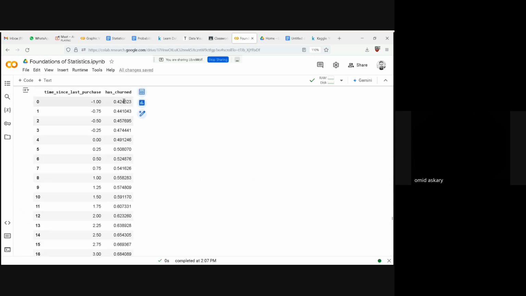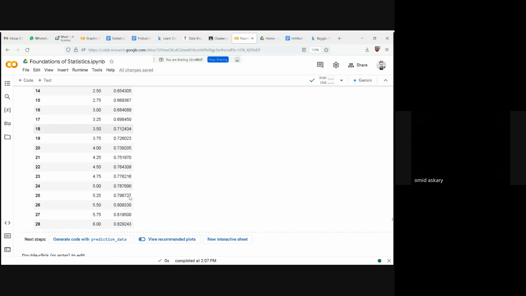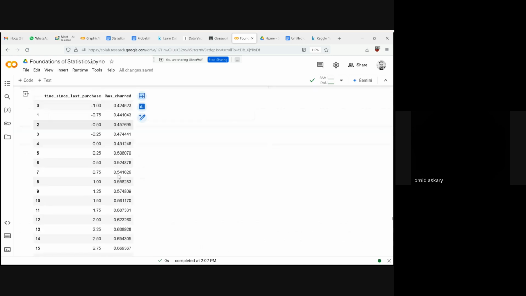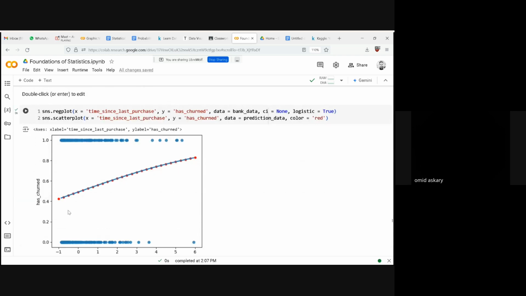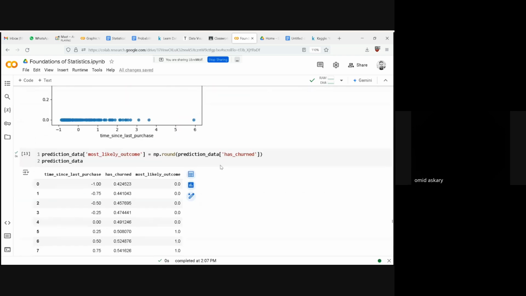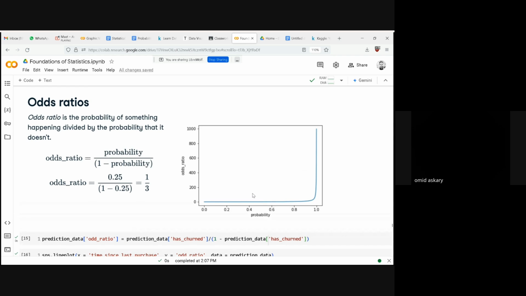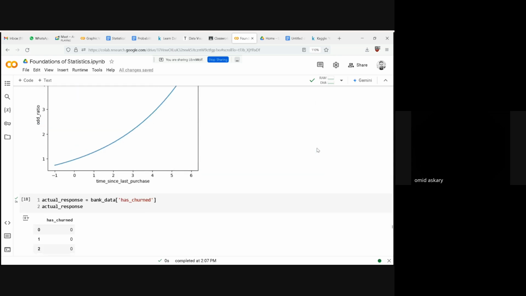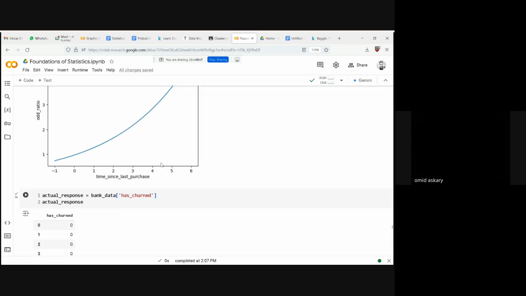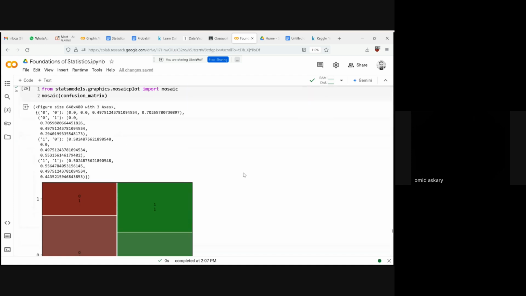These are the numbers that we worked with. So this is how you have to understand it, and this is the curve that we defined yesterday. These are different curves. And this is the probability, and this is the odds ratio. See, this is the probability, or actually the likelihood. This was also the odds ratio curve that we defined yesterday.